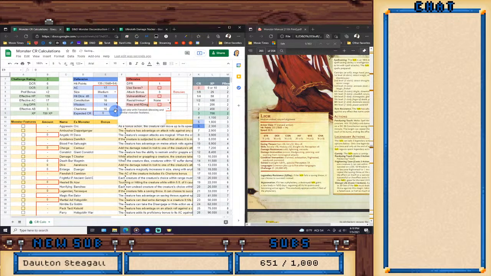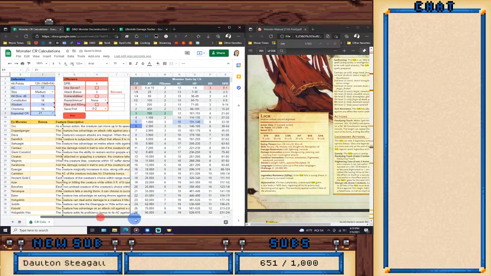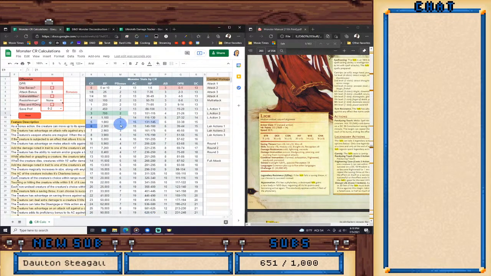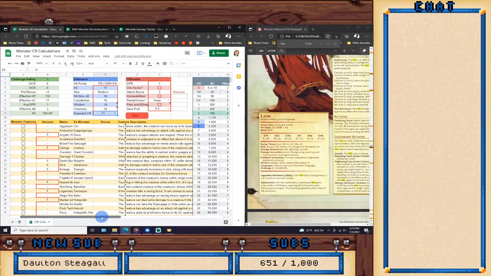We don't need that because it doesn't have any of those traits, as I've mentioned plenty of times before. And we're expecting this to be a CR 21. So this is going to take us a while to figure out. Already, with just that little bit of information, we're looking at a base of CR 5 with a boost of DCR 5 and a modification to DCR 6 with its AC ratings and whatnot.